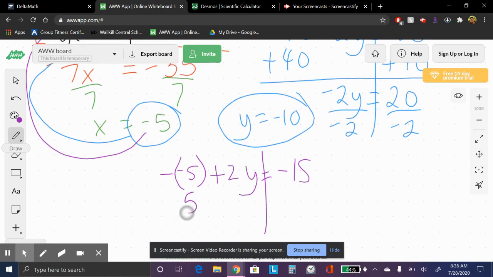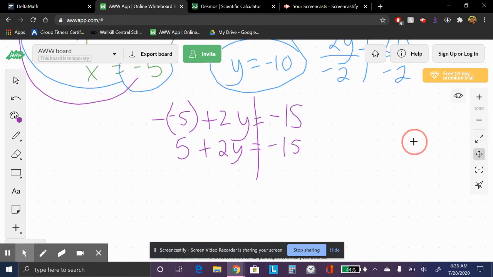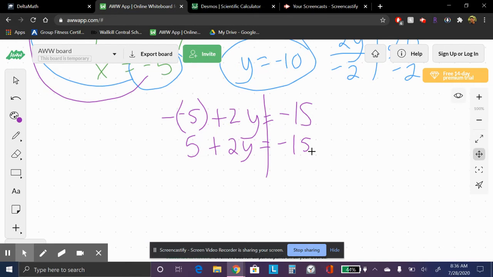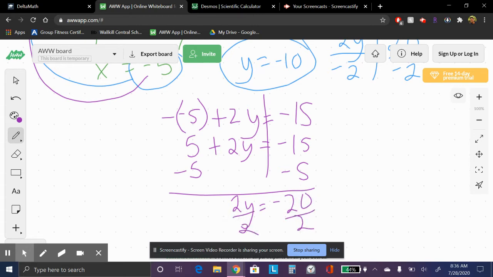So it'd be 5 plus 2y is -15, and it looks like I'm going to solve it and get the same exact thing. So it doesn't really matter which equation you plug into. Subtract 5 from both sides, you get 2y is negative 20. Divide both sides by 2, and you get y is still the same thing, negative 10.